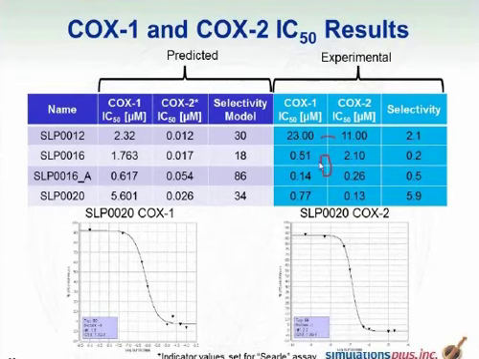This next compound switches it to the other side, and you see we get a large boost in COX-2 activity, but it also increases the COX-1 activity, so the selectivity is not quite what we want. And then our final compound, which we made one of with this particular scaffold, ended up being our best compound, 770 nanomolar in COX-1 and 13 nanomolar in COX-2 with a selectivity of 6. So I'm very pleased with these results.